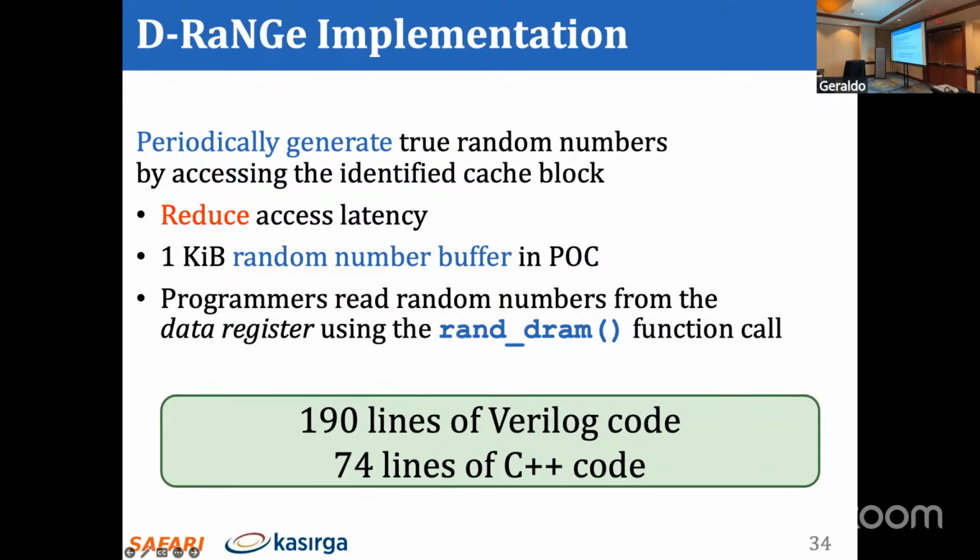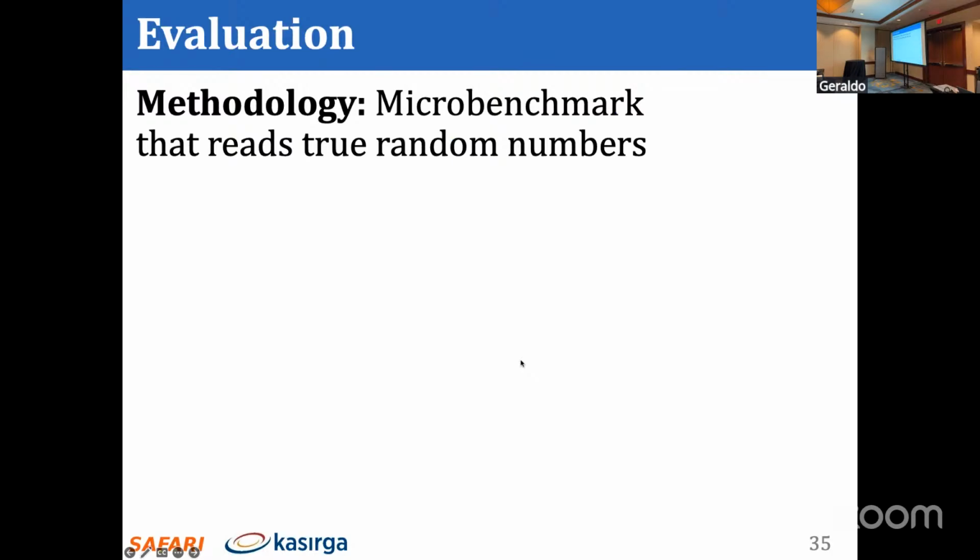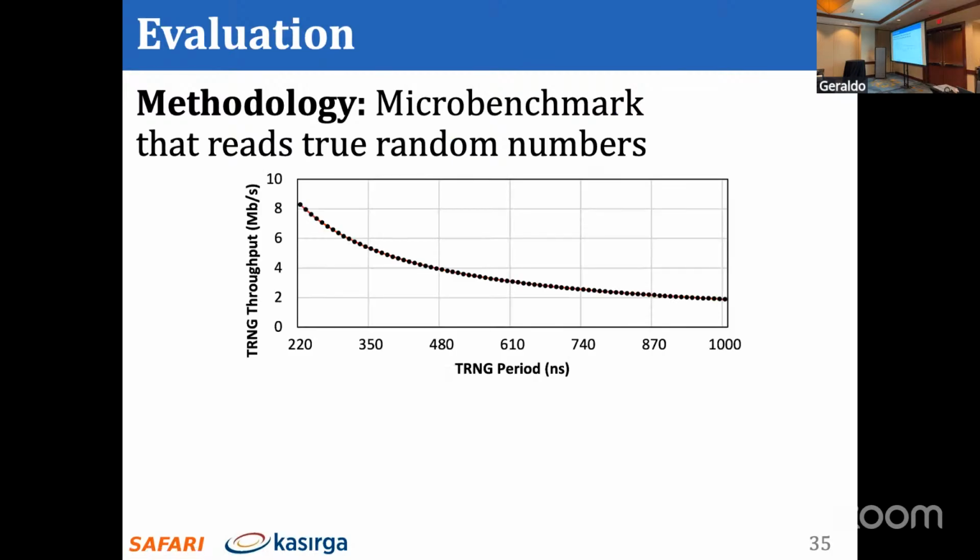But the key result is, over the baseline system design we have, we need 190 lines of Verilog code and 74 lines of C++ code to implement D-RaNGe end-to-end. And we evaluated with a microbenchmark that keeps reading random numbers. On the x-axis, we have a configurable TRNG period. What I didn't describe in the previous slide is that you have a configurable knob.